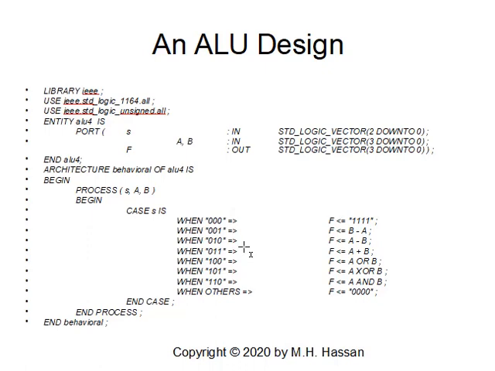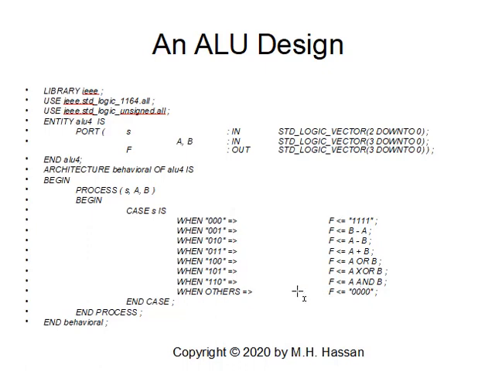So you can have multiplication functions, you can have addition, you can have OR gate. For example, this is subtraction, A minus B, A plus B, okay? And we have exclusive OR, AND gate. And when others, I will assign F 0, 0, 0.